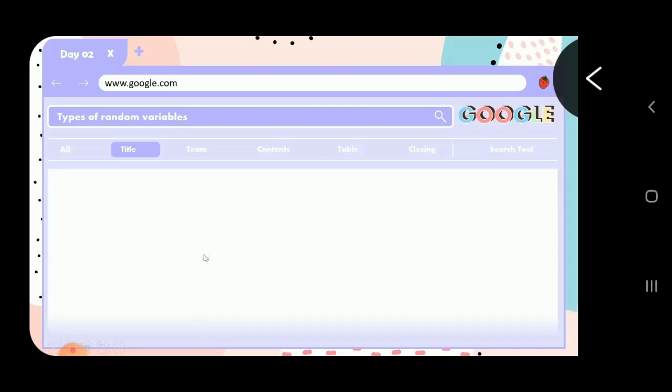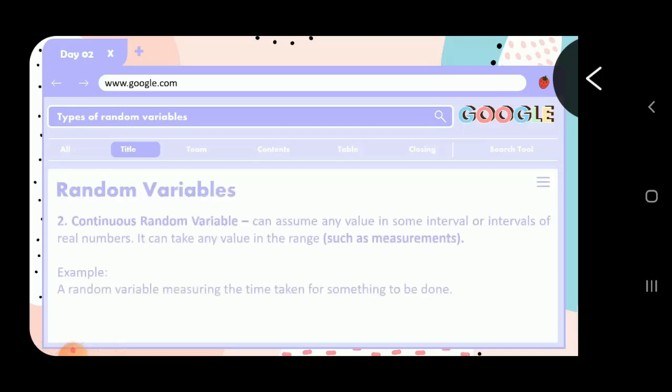Alright? The next type of random variable is the continuous random variable. A continuous random variable can assume any value in some interval or intervals of real numbers. It can take any value in the range, such as measurements. With a continuous random variable, you get a number or value through measurements.